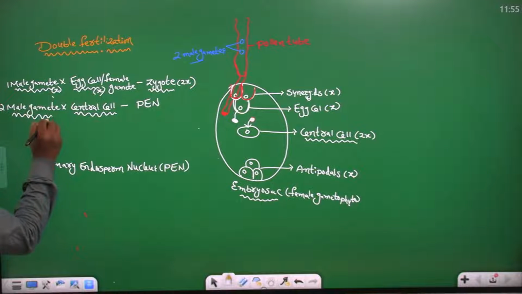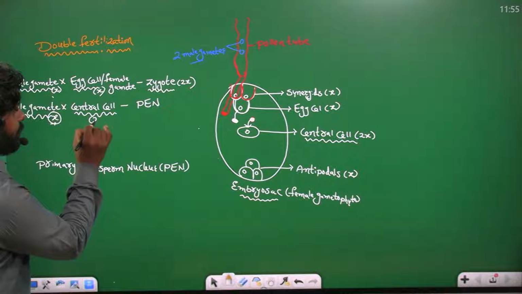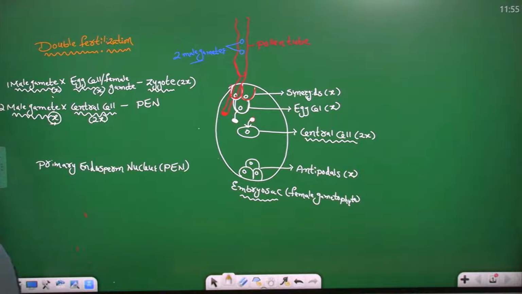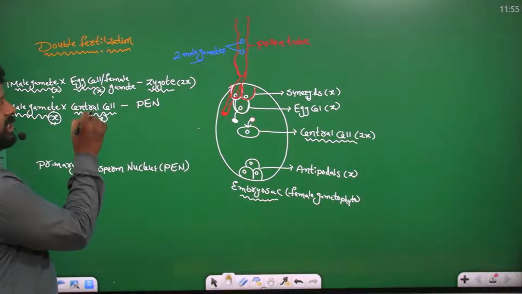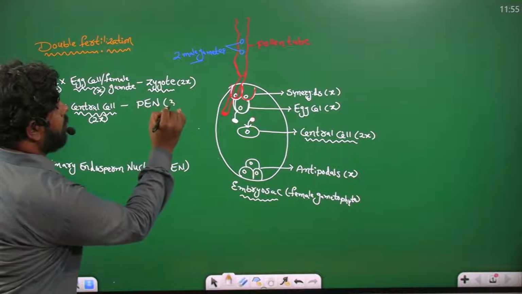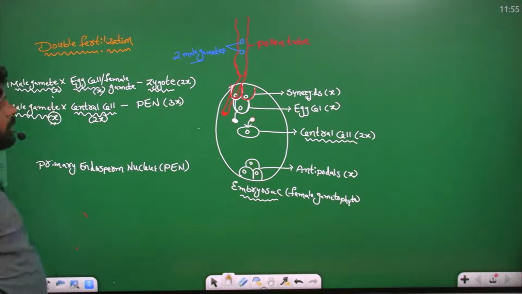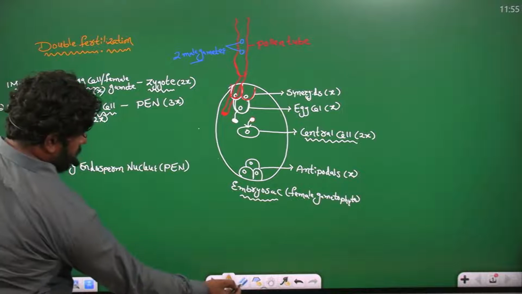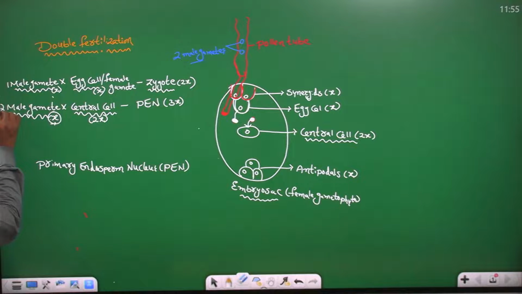And here also the second male gamete is haploid, but the central cell is diploid. A haploid male gamete fertilized with a diploid central cell forms the triploid primary endosperm nucleus.